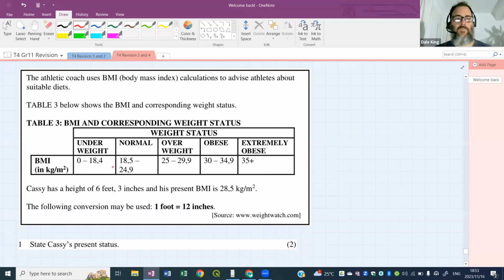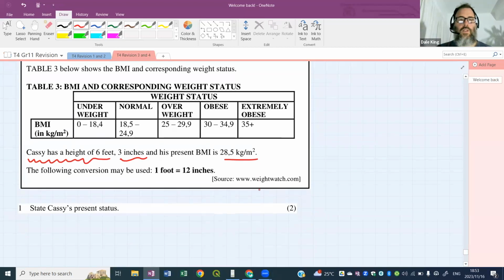It says here at the bottom, Cassie has a height of 6 feet 3 inches, and his present BMI is 28.5 kilograms per meter squared. First of all, which category will Cassie fall into with a BMI of 28.5?